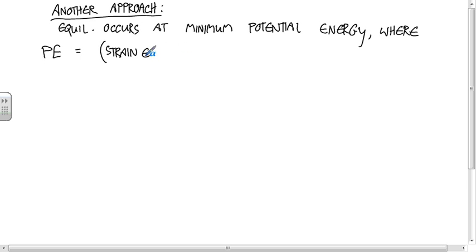The first one is the strain energy. To make sense out of strain energy, just think of that as the potential energy that's stored in a spring when you deform it, the shortening or lengthening of the spring. It's holding that energy. That's its strain energy. Minus the work done by body forces, usually the weight.